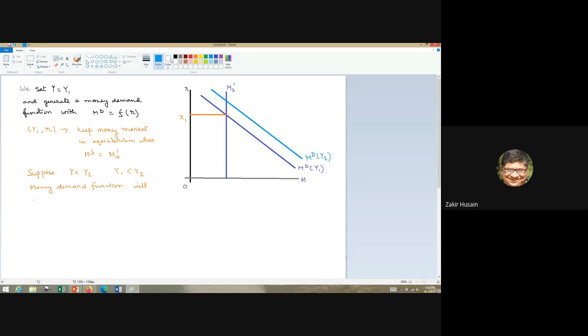Okay, so now we can draw the curve over here. Now y2 and r2 will ensure that the money market is in equilibrium.